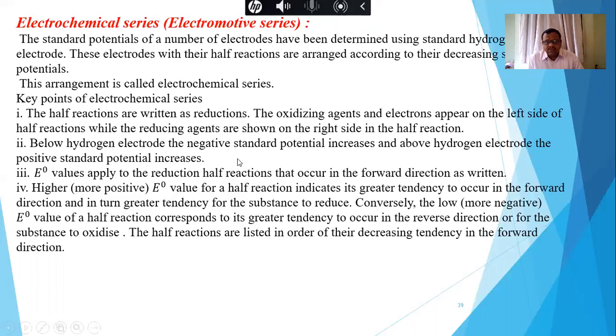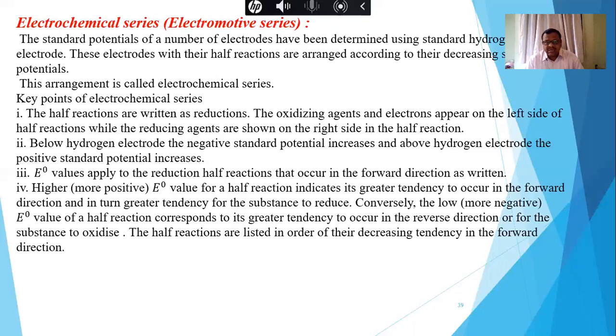Now, there are different points to remember in this EMF series. The key points of this EMF series are as follows. The half reactions are written as reduction reactions.